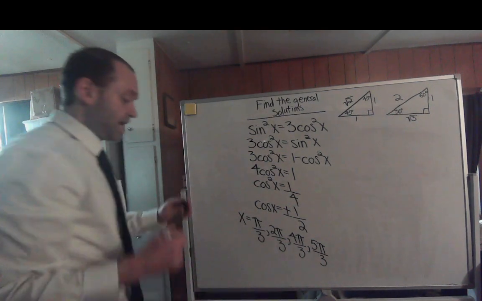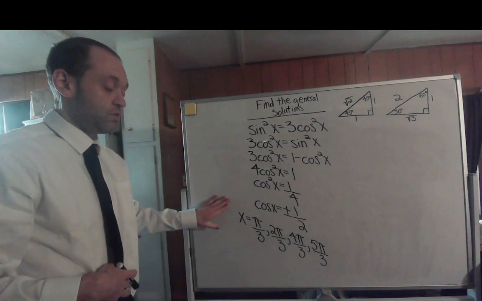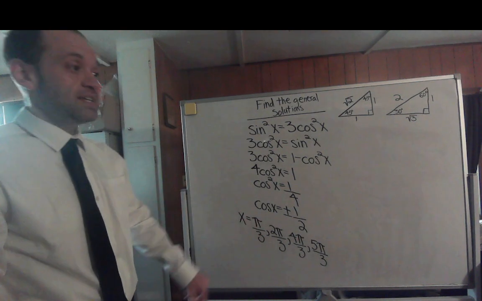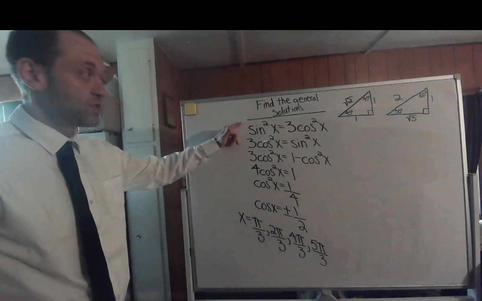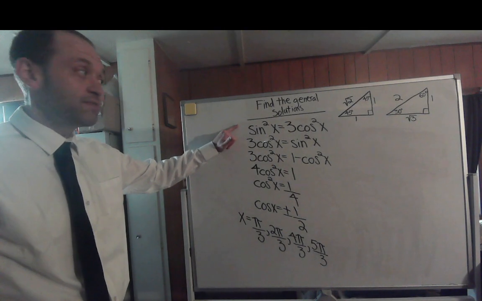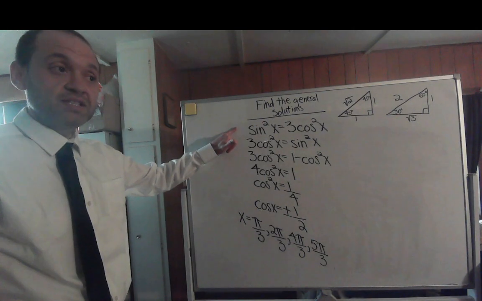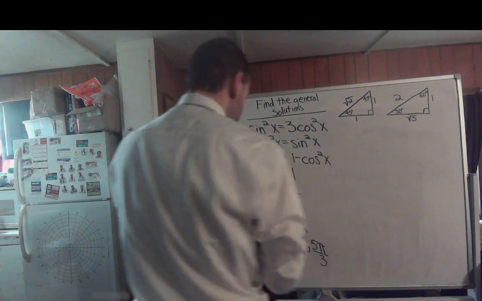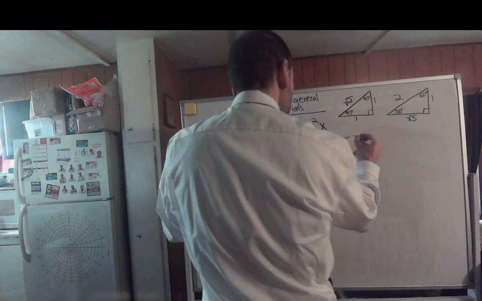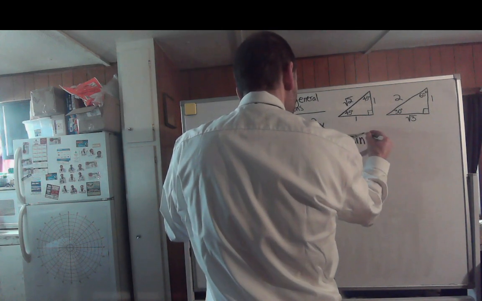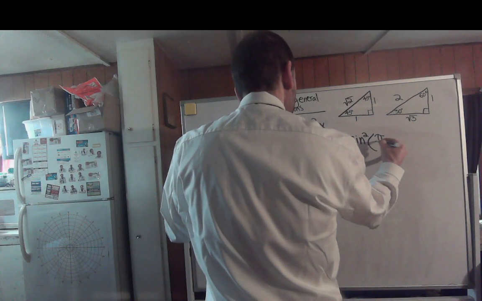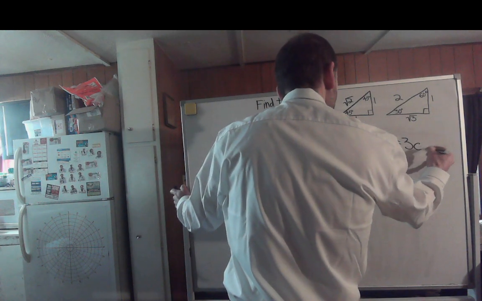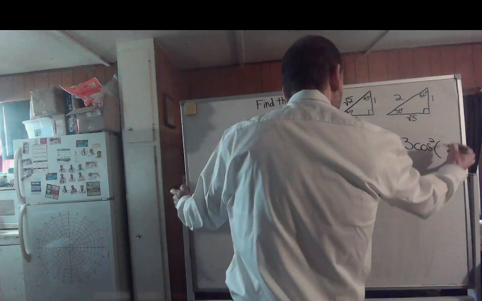Now this is where we have to pay particular attention. You have to take each of these and stick them into the original, unchanged equation to see if the left side equals the right. And if it doesn't, you have an extraneous solution. So let's put in pi over 3. If you take the sine squared of pi over 3, that's going to equal 3 times the cosine squared of pi over 3.